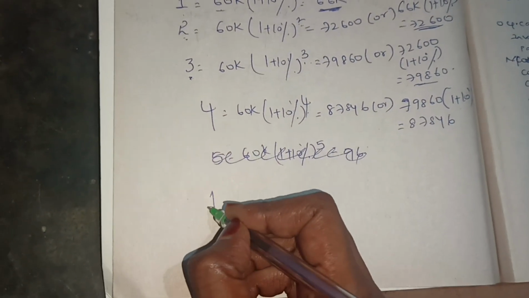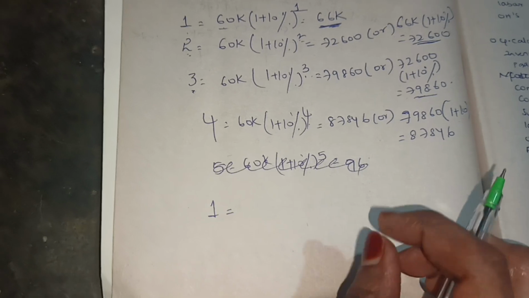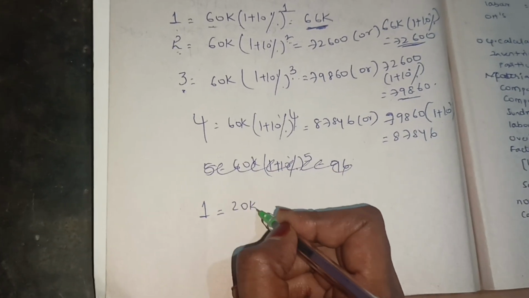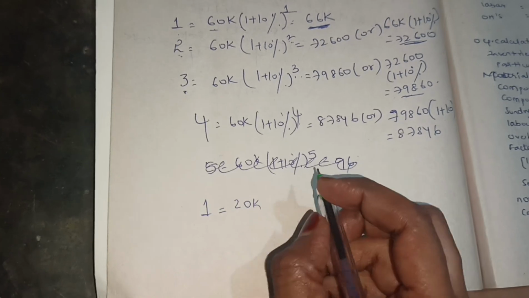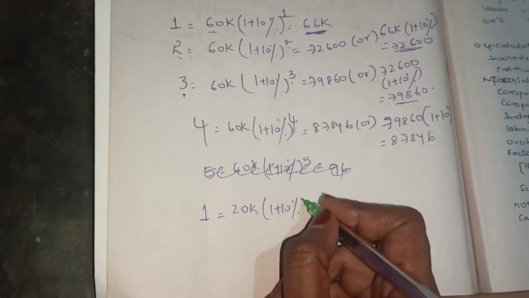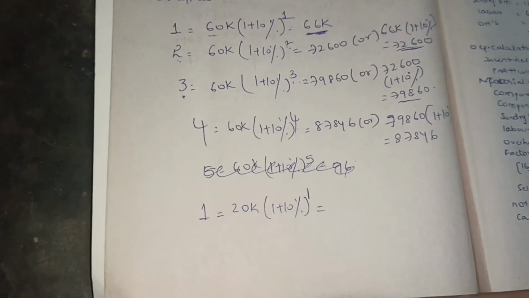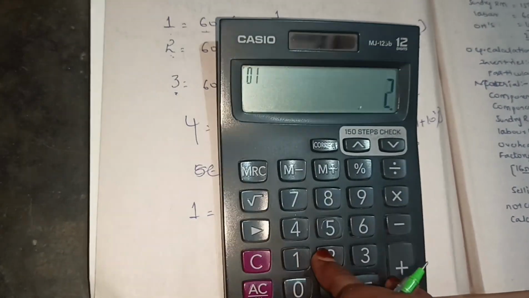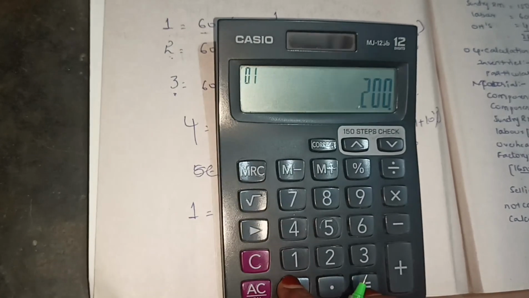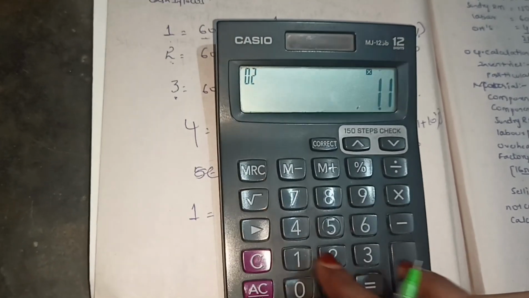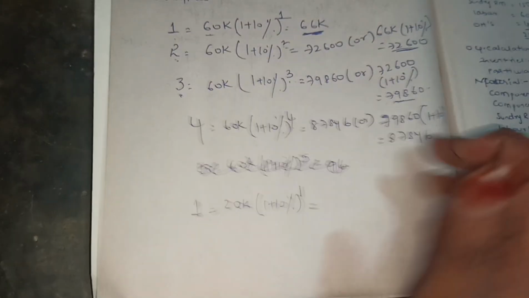So we know cost is given in question as 20,000. So with inflation, first year cost will be 20,000 into 1 plus 10% whole power 1. So it will be 20,000 into 1.1. It is 22,000.